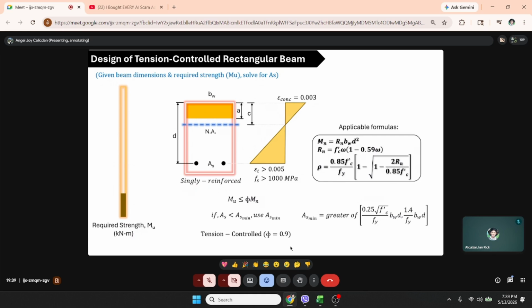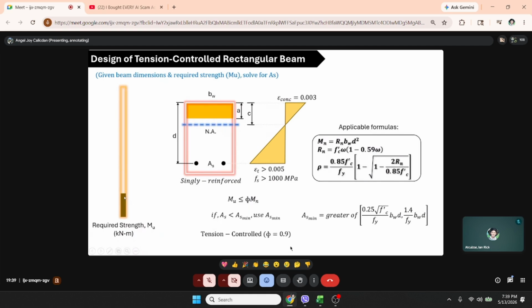So for this first case, singly reinforced pa siya since ang ato ang tension reinforcement pa ang naa og wala pay compression steel. So sa kaning bar sa left, ga-indicate na po siya sa required strength.